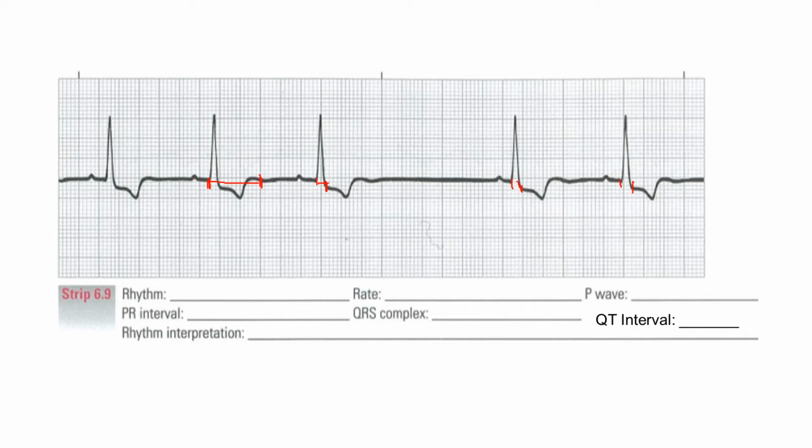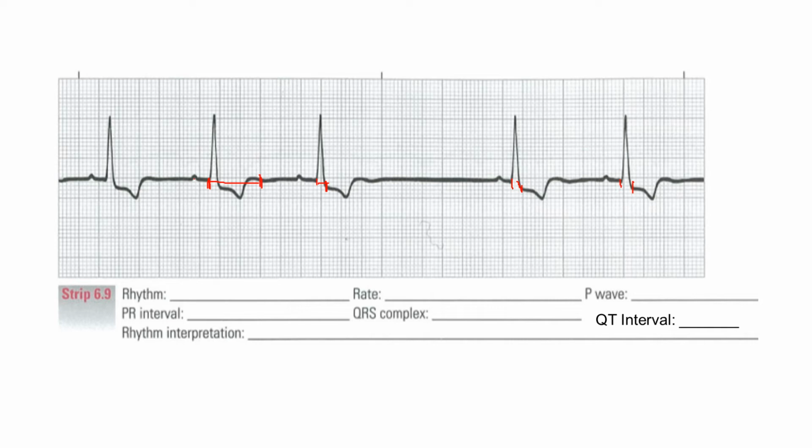Your interpretation of this rhythm would be sinus brady, because your underlying rhythm is 58, less than 60. It came from the SA node, so we call it sinus, and it has a pause. When we look at the pause, are we going to say it is a sinus arrest or sinus exit block?